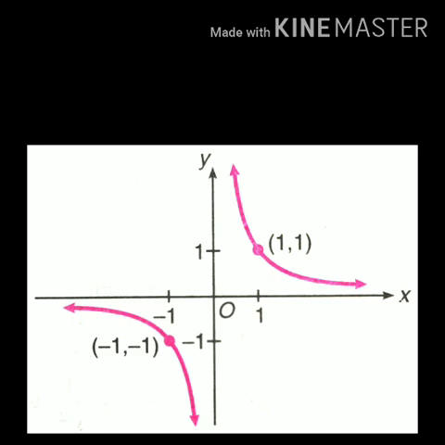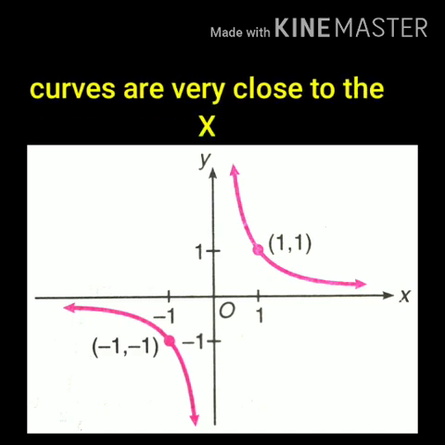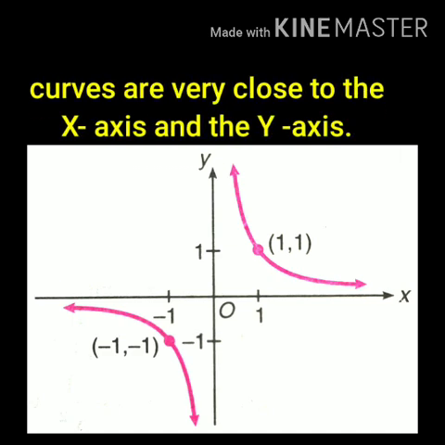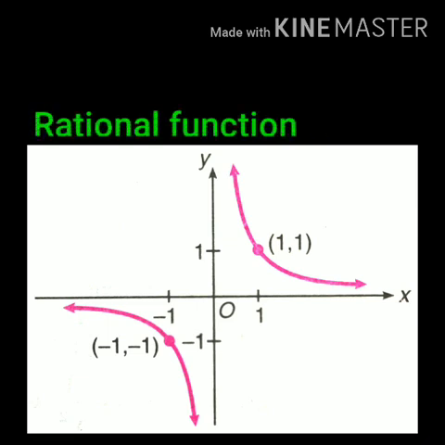Both the curves will not touch the x and y coordinate axes, because x cannot be 0. Therefore the curves cannot touch the axes, but both curves are very close to the x-axis and the y-axis. This is the graphical concept of rational function.